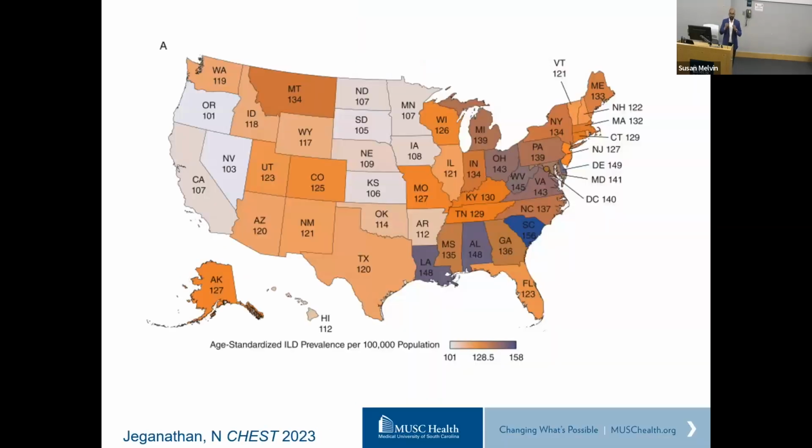Now, this is a map showing the prevalence of interstitial lung disease across the continental US. And I put this up here because it's something that stands out. Within South Carolina, per latest estimates, and this is data coming out of IHME in Seattle, you have the highest incidence of interstitial lung disease within the country. When I moved here from Boston, this caught me by surprise, because the amount of pathology that I was seeing in my clinic was manifold what I was seeing in Boston.